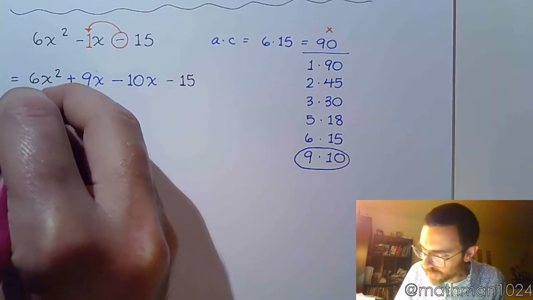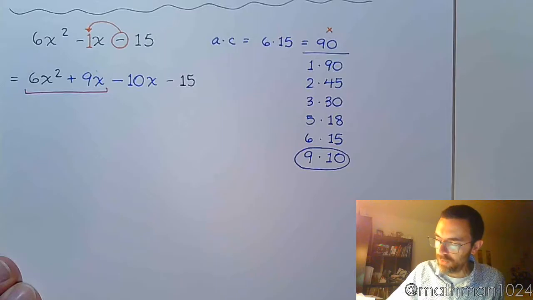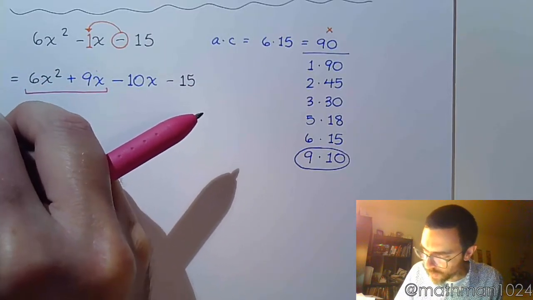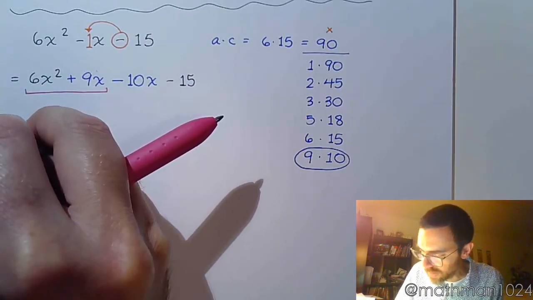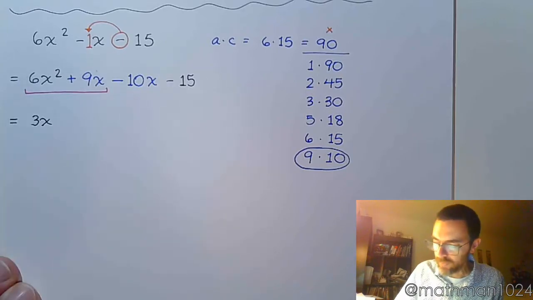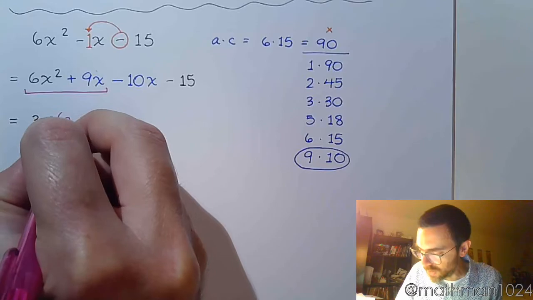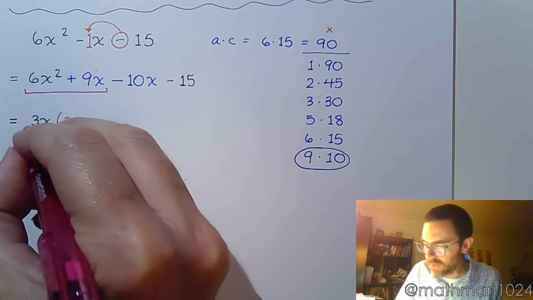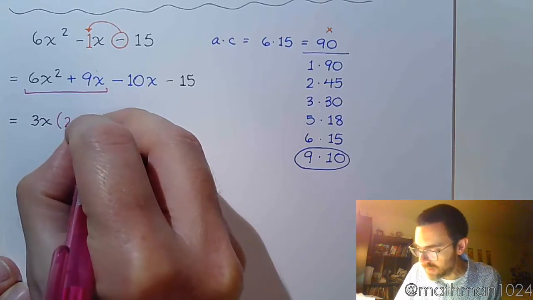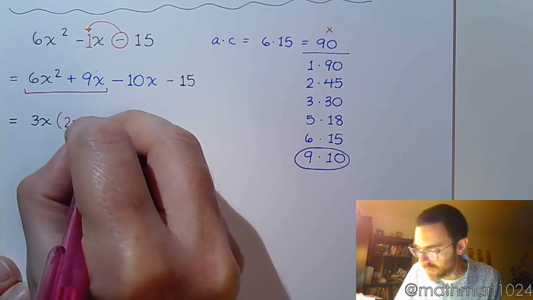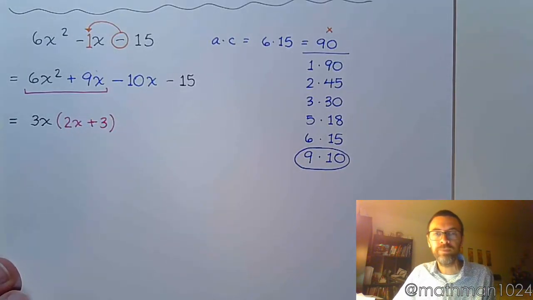We have 4 terms, so we're going to factor by grouping. In the first group, the common factor for 6x squared and 9x is 3x. So 6 divided by 3 is 2, so that's 2x. 9 divided by 3 is 3.